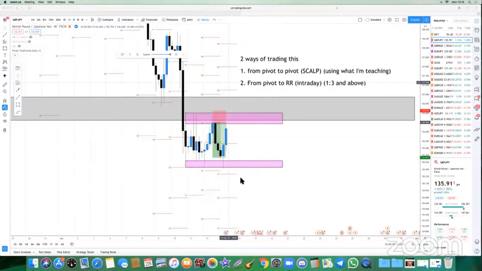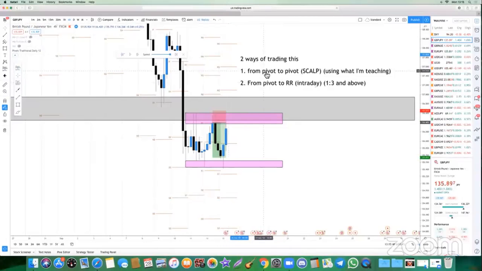Some of you that are beginner or intermediate level, I want you to focus on trading with the trend only, because you will yield a higher success rate if you do that. It's better.